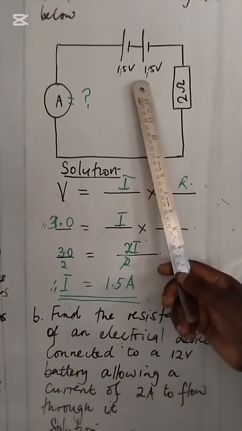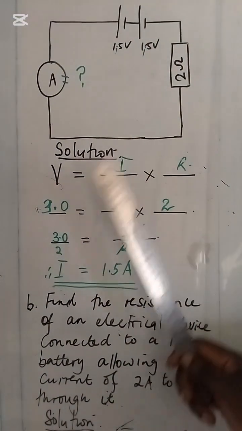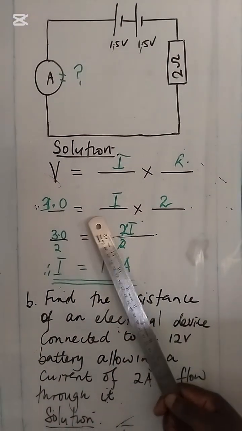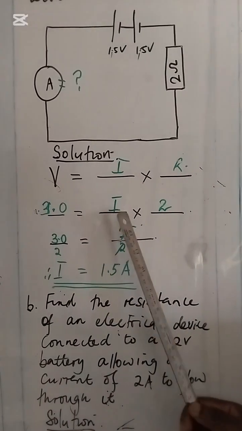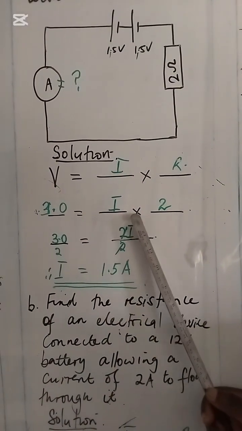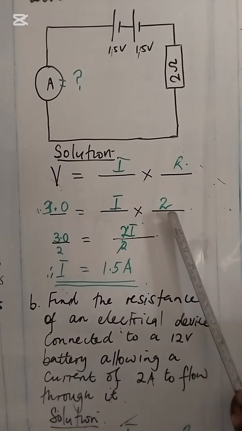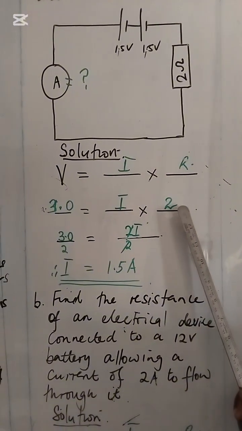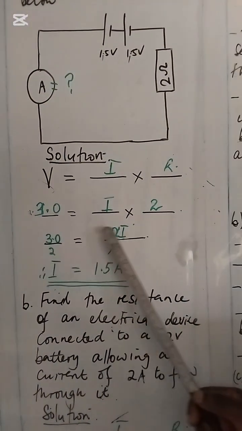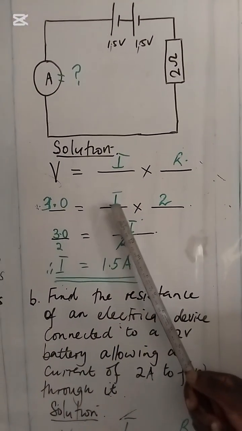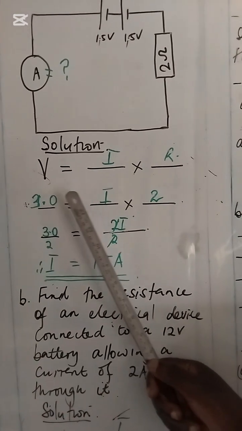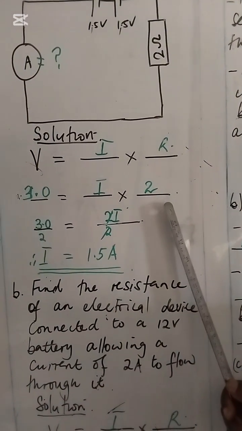Then our voltage is 3, 1,5 plus 1,5. Then our current, we don't know, is unknown, and our resistance is 2. We normally do not encourage you to write units in an equation.